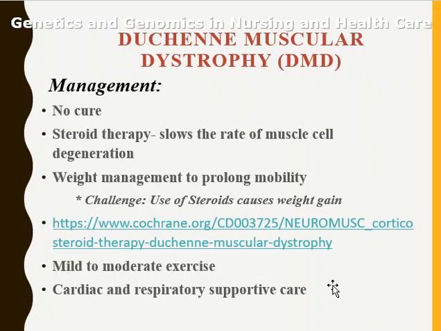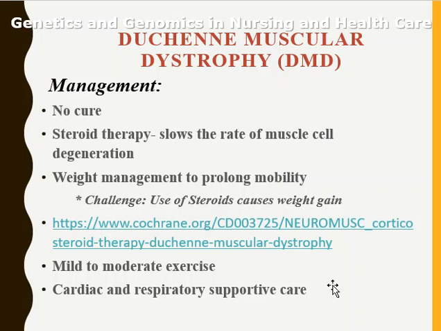There is no cure. Steroid therapy is used to help slow the rate of muscle cell degeneration, which is interesting because we know steroids break down muscle, but in Duchenne's muscular dystrophy, that anti-inflammatory effect of the steroids actually helps to slow the process of degeneration, but it's short term.